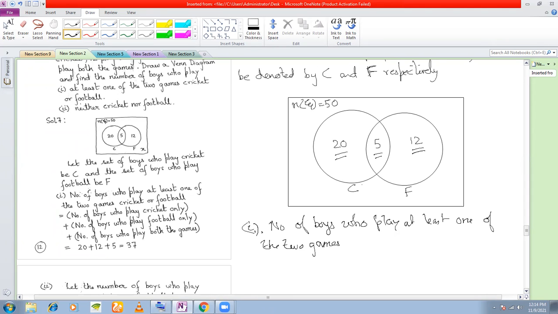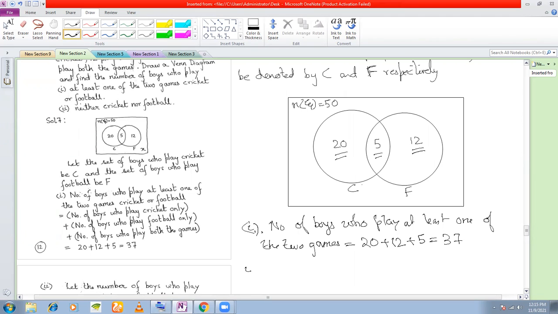That means they either play cricket or football, or they can play both. How many? 20 can play cricket only, 12 can play football only, and 5 play both. Okay. So this gives you 37.